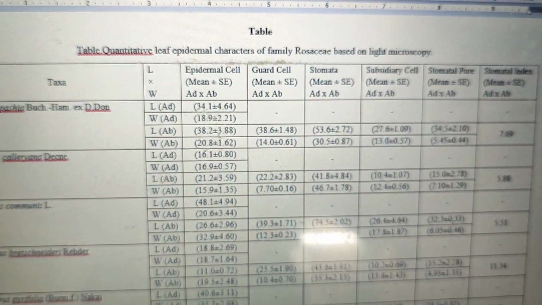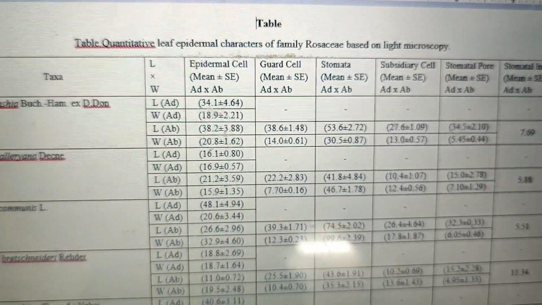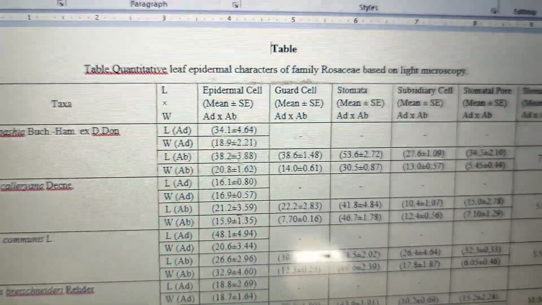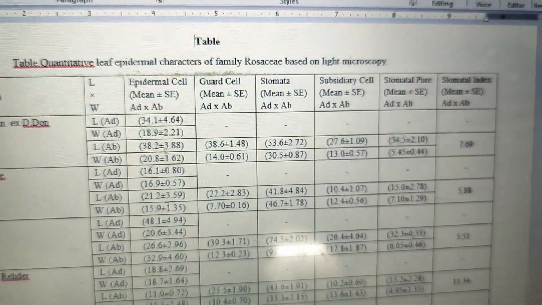Here you see the quantitative information of the leaf epidermal anatomy, which includes quantitative measurements of epidermal cells, guard cells, stomata, subsidiary cells, and stomatal pores.